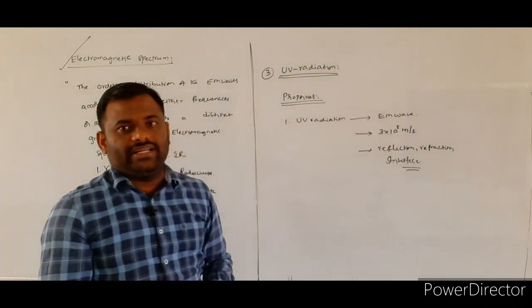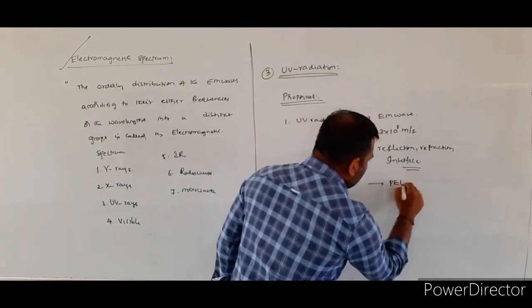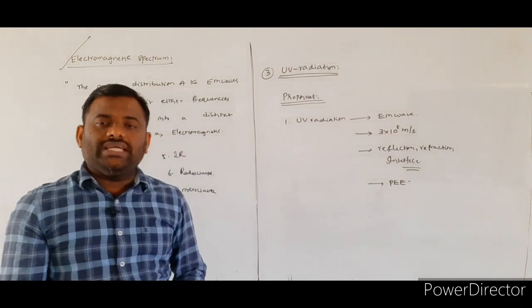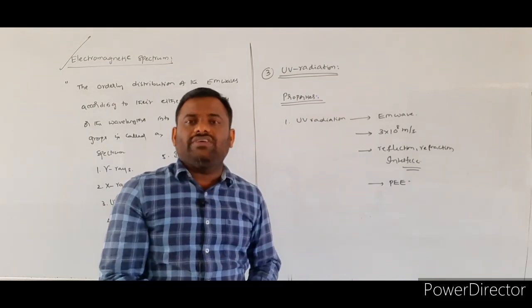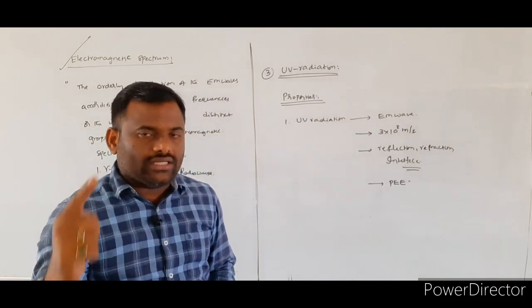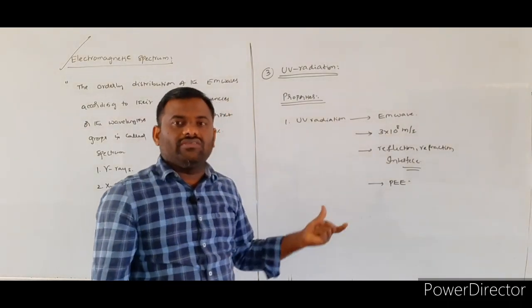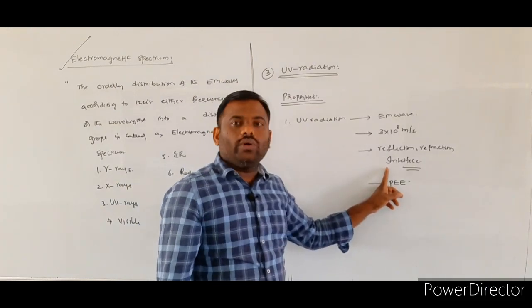Next, you already know the concept of the photoelectric effect. Whenever the UV radiation is incident on the zinc cathode, the zinc cathode surface emits photoelectrons, so the UV radiation is used in the concept of the photoelectric effect.